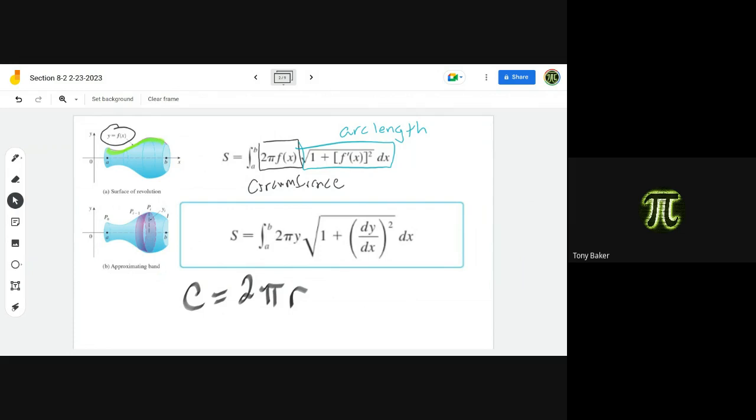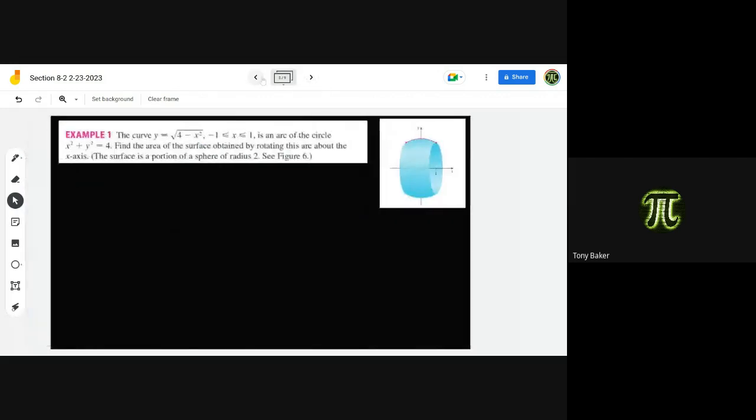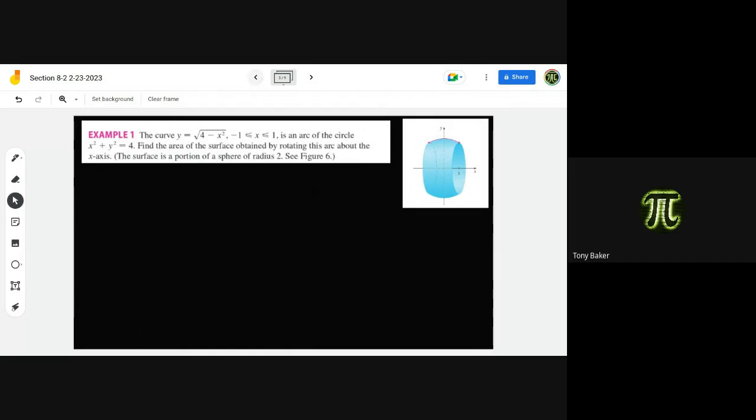Let's do one and see how it goes. So my curve in this case is y equals the square root of 4 minus x squared, and we're looking at it from -1 to 1.